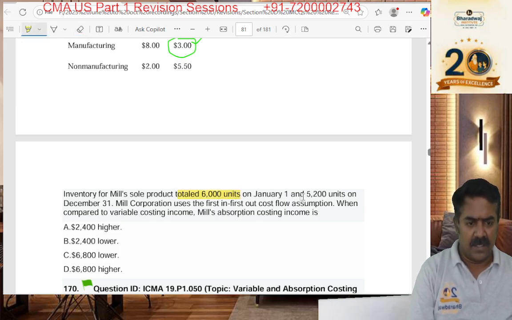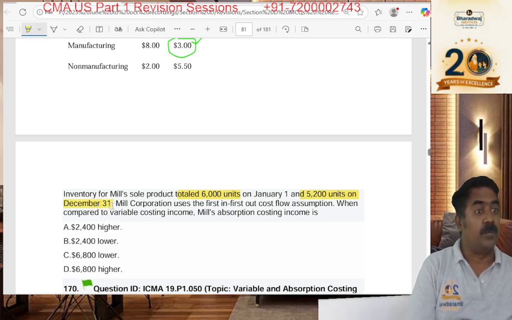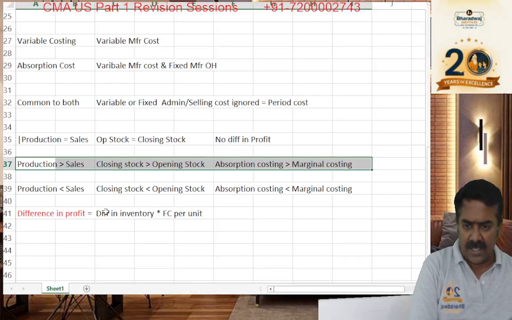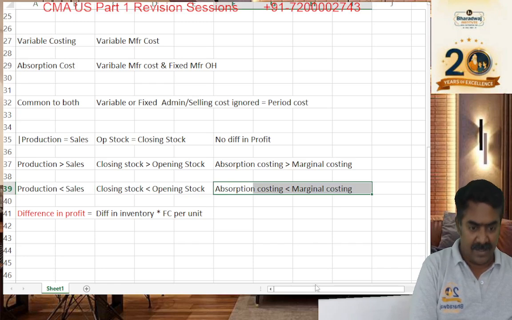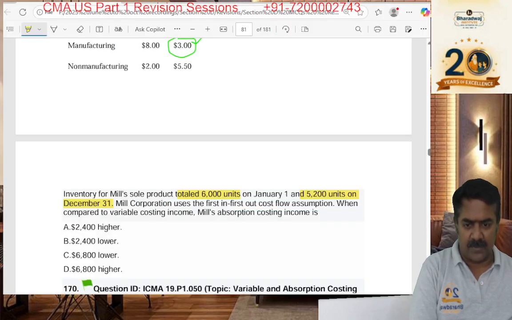Sales would have been more than production. When sales is more than production, or when production is less than sales, or you can say closing stock is less than opening stock, absorption costing profit will be less than marginal costing profit. So let us be careful. It will be 2,400 lower.